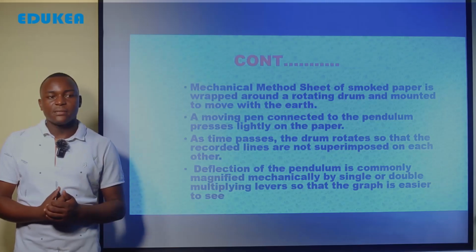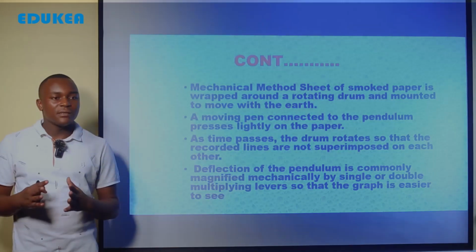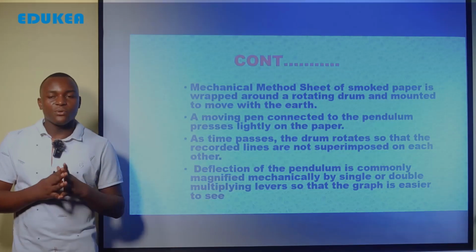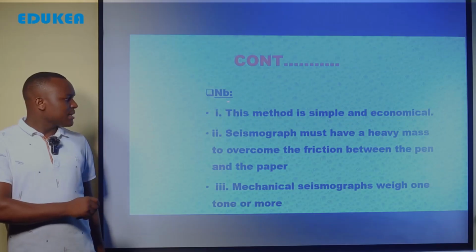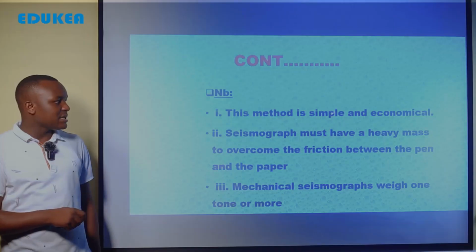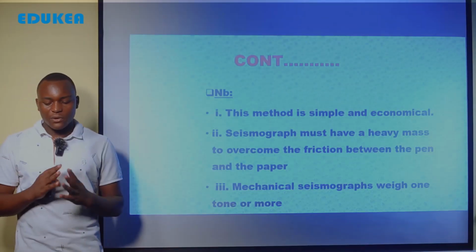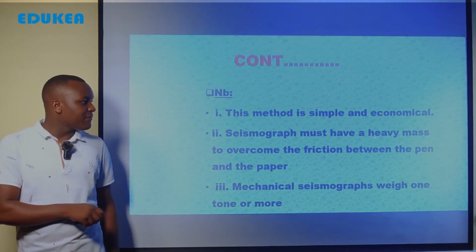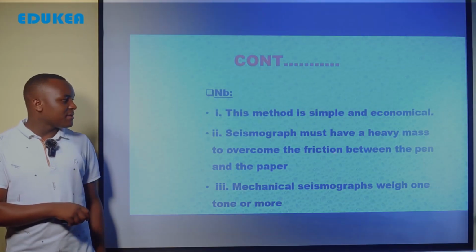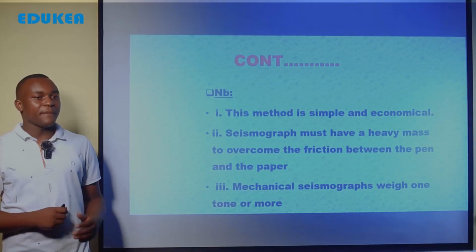So something to note, we say that this method is simple and economical. But also we say that the seismograph must have a large mass to overcome the friction between the pen and the paper. So for the seismograph to overcome the friction between the paper and the pen, it must have a large mass.